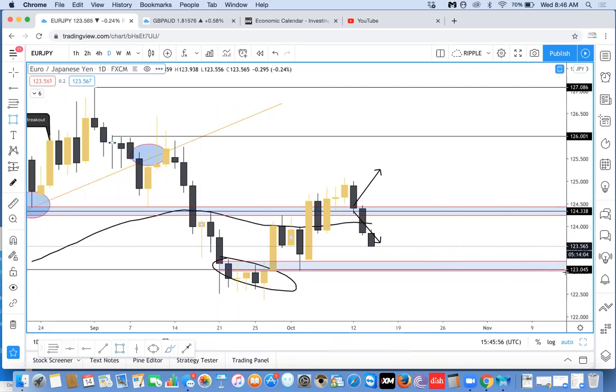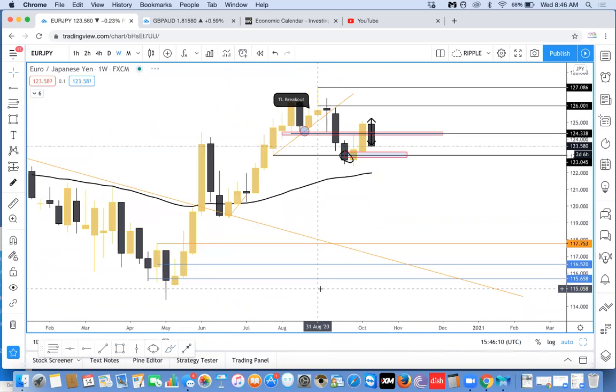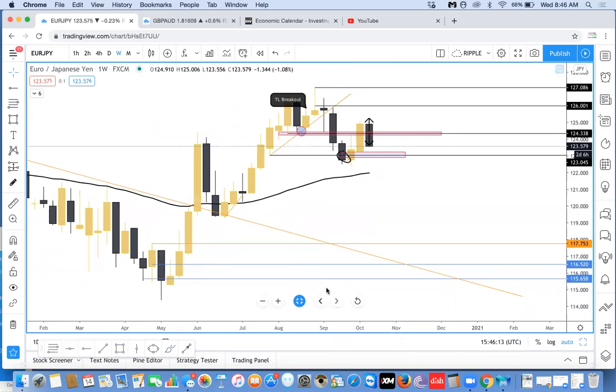The market could still go bullish if this holds down here because this will still be within structure. I would like for it to hold above 123 though. But like I said, if we break below this level, then more than likely this is going to go back bearish looking at it on a weekly. So if this does break below that 123, then overall this 122 level looks like it could get hit, down right here.